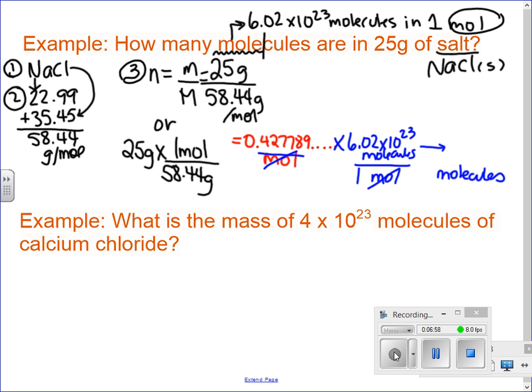I'd like to show you how you type this number into your calculator, because it's not the same for everybody. When you type this number into your calculator, you would of course start by typing 6.02, and then the next button you press is different for everybody.